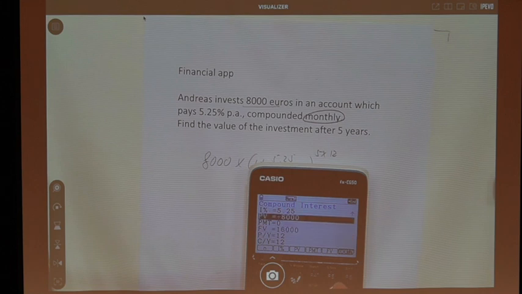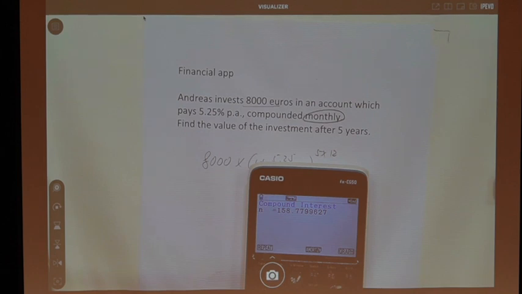This time I want to find the time, so I put 0 and I look for the number of terms. So you key in what you have and press whatever you want to find. That is 158 months there. So you have to change it into the correct unit if you want to.